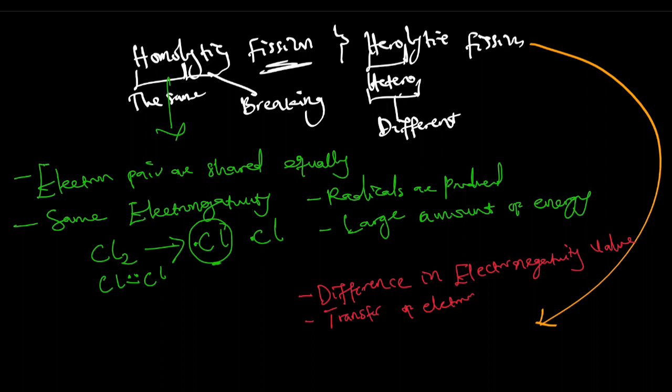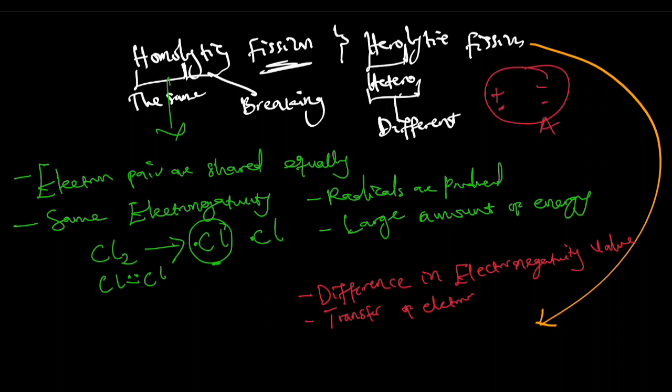Whenever there is unequal sharing of electrons, what really happens? Positive and negative charges are formed.